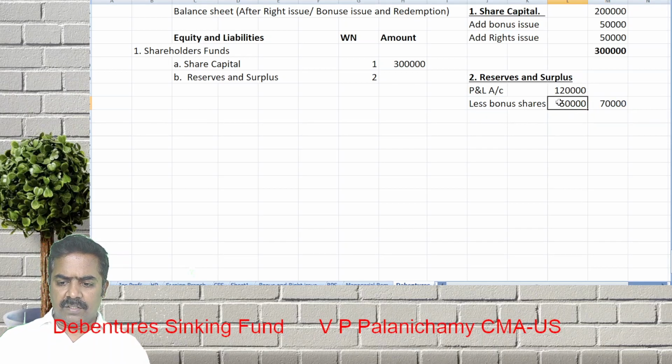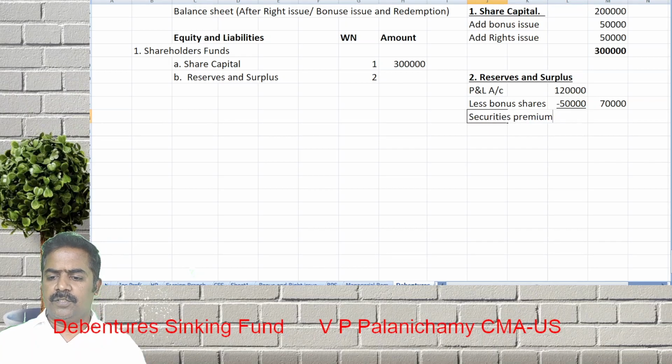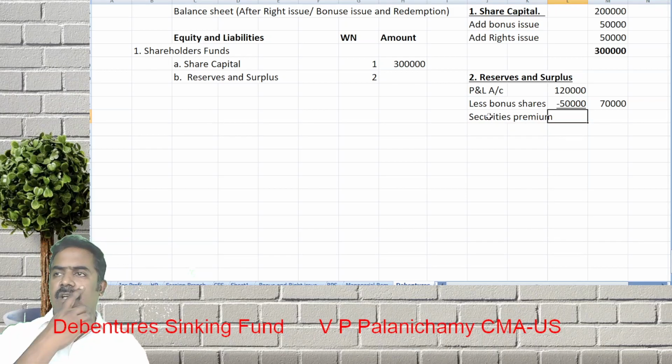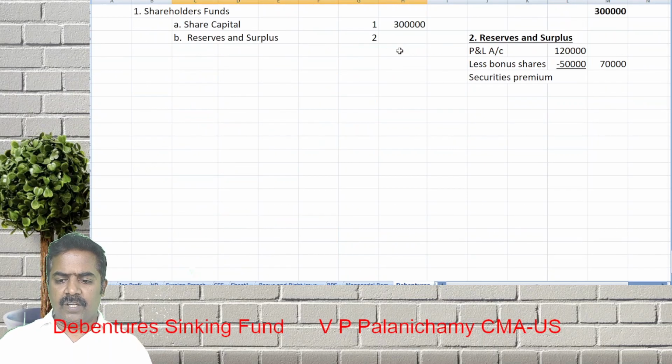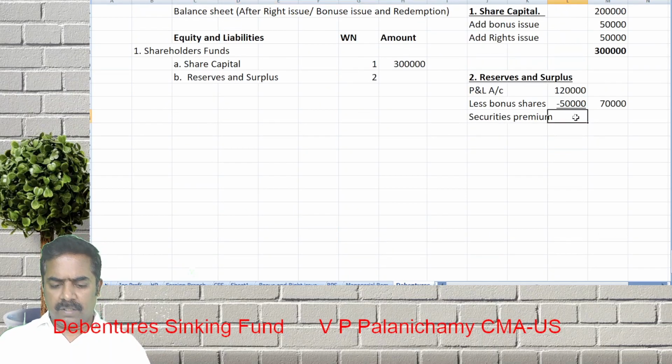Then securities premium. It is not there in the old balance sheet. Now we have passed the share issue entry. Journal entry number 1, when we made the rights issue, bank 25,000 and securities premium 25,000. That is used for adjusting the premium on redemption.